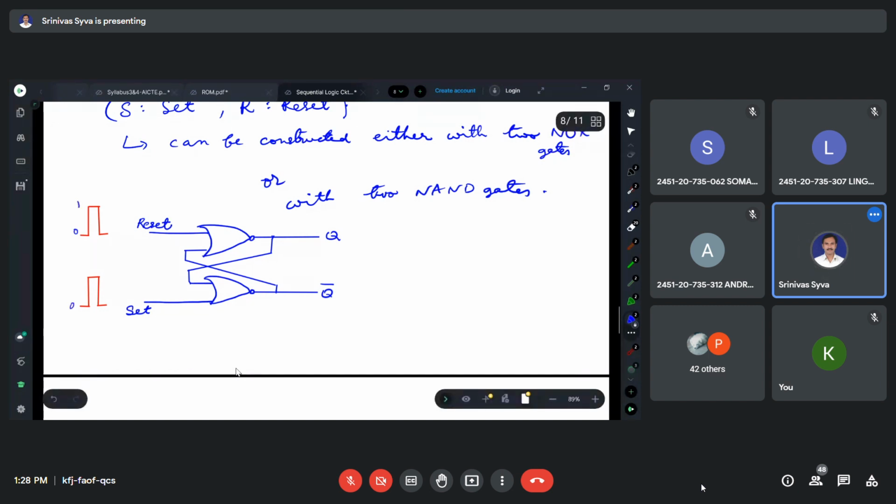This is 0. This is 1. Okay. Right. Normally, for understanding the operation of this device, first let us see the truth table of the NOR gate. Okay. First of all, let us see the truth table of the NOR gate.